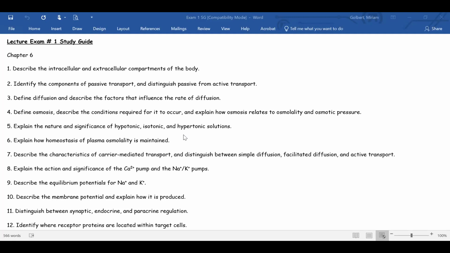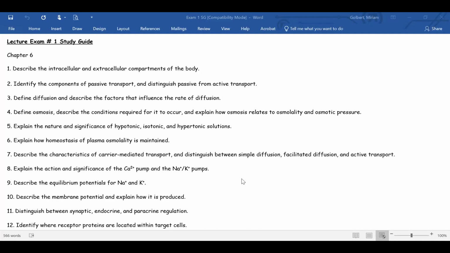Remember, that refers to the dynamic equilibrium that we have in osmosis and diffusion, okay? Because we have to have those isotonic conditions in plasma.